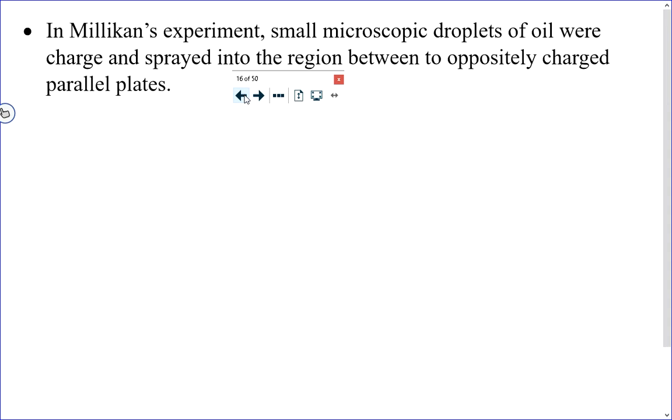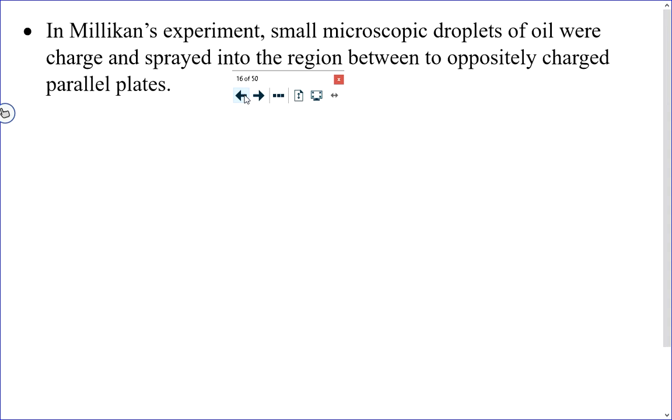And what he ends up discovering is every time he gets a charge on a drop of oil, that charge is always a multiple of 1.60 multiplied by 10 to the negative 19 coulombs. This is how the charge of an electron was first determined.